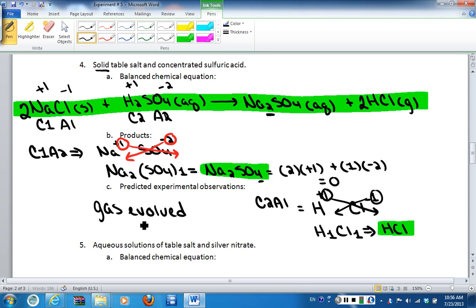And HCl gas is also colorless, just like CO2. And HCl gas actually has a stinging odor. So this is going to be a colorless gas evolved with a stinging odor.